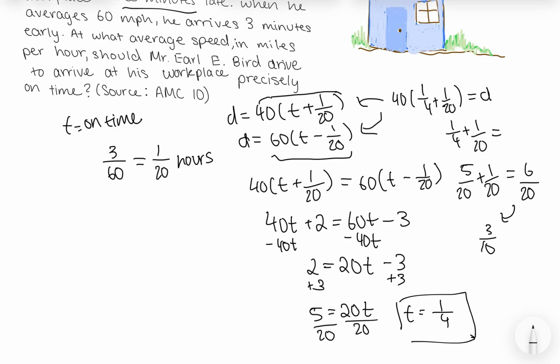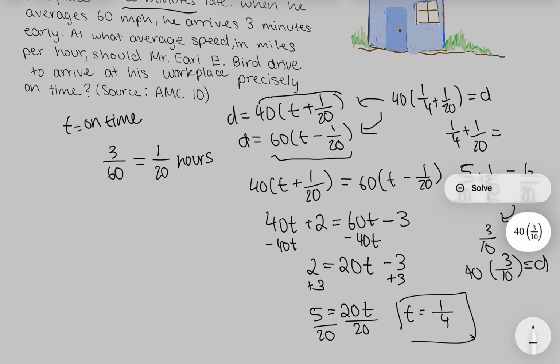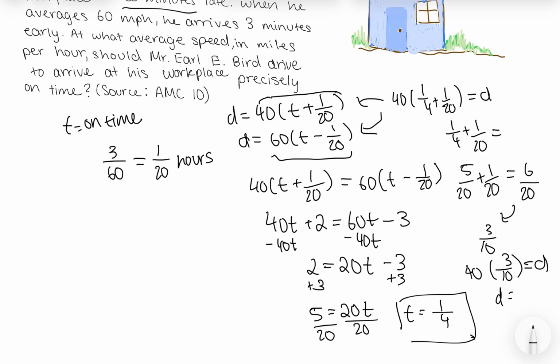So now we can put this back there. So 40 times 3 over 10 is going to be equal to our distance. And that's just 12. But that's not what we want to know. We want to know the rate that he needs to drive at to be on time.